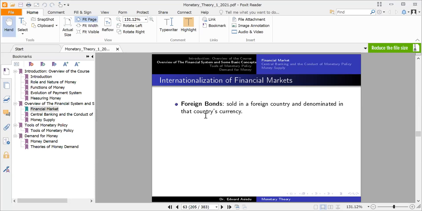They will want the government to denominate the bond in foreign currency, a more stable currency. Okay, so these are some of the things. And there will be a lot of debate. Was it a foreign bond? Was it a local bond? Because if your currency is losing value so rapidly, and you are also selling the foreign bond, that means in the future you're going to pay so much cedis for that equivalence.